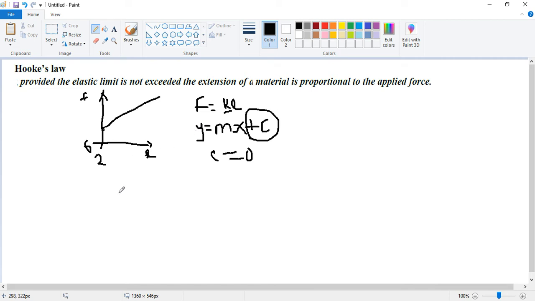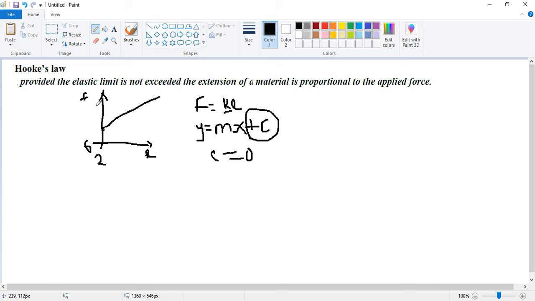When we study planning and analysis, we shall note that normally on the x-axis we prefer to put what we call the independent variable, and on the y-axis we prefer to put the dependent variable. So what determines the other? What depends on the other? Is it the extension or the force?